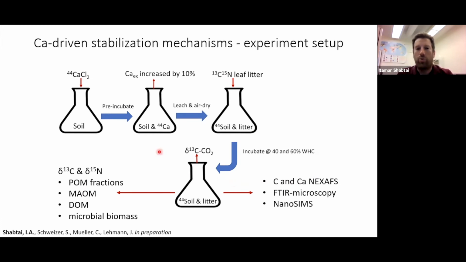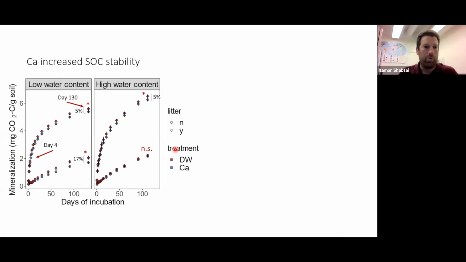So we can hopefully locate where the labeled calcium is in relation to labeled carbon and nitrogen, native carbon and nitrogen and other soil minerals. And based on this spatial distribution of these elements, try to understand further the mechanisms underlying what calcium is doing in soil, which is what I'll be showing now.